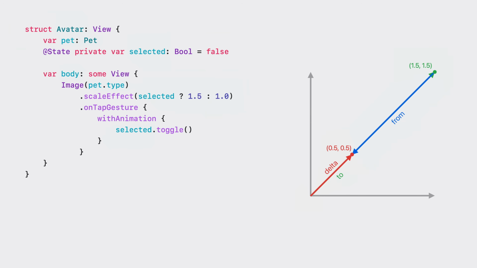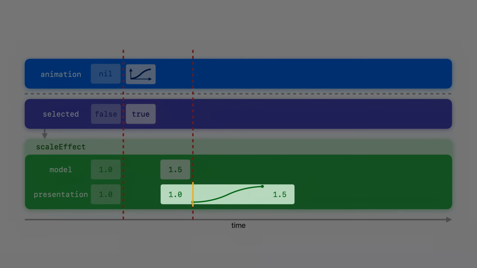This delta is actually what's being animated. This means, in practice, the animation running in the scale effect animatable attribute isn't interpolating from 1 to 1.5, but from 0 to 0.5. Among other things, this makes it more convenient to implement the animate method.